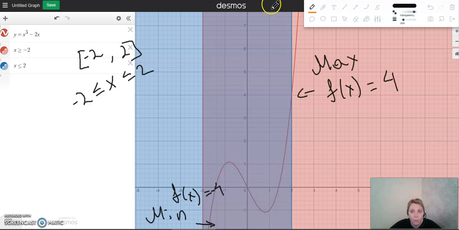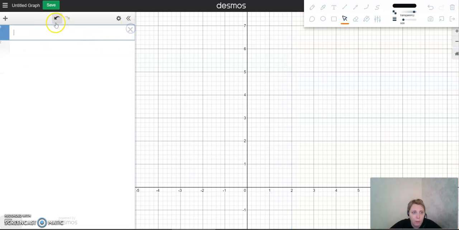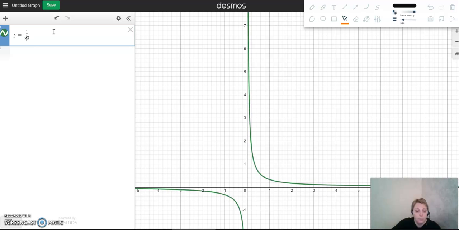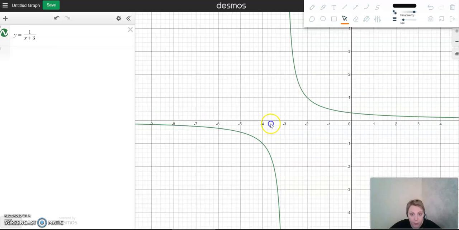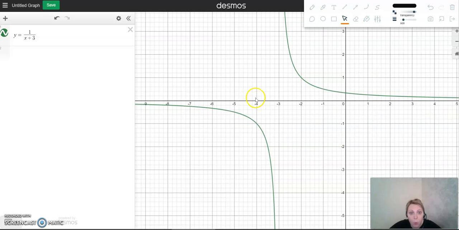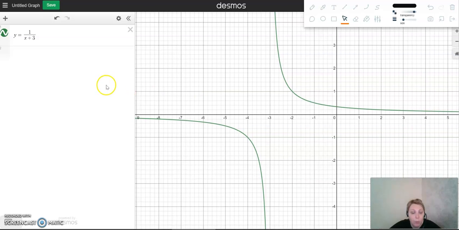Awesome. So let's do one more final practice problem. And what if I don't have a polynomial? What if I have a rational function? What if I have y equals 1 over x plus 3? So now I have this kind of thing, right? And I want to find out everything between two very important points.